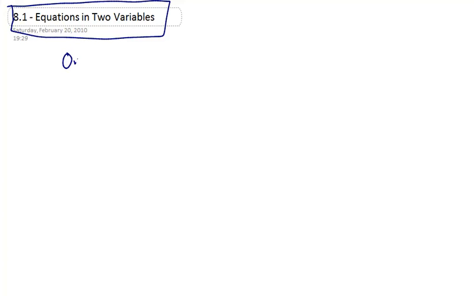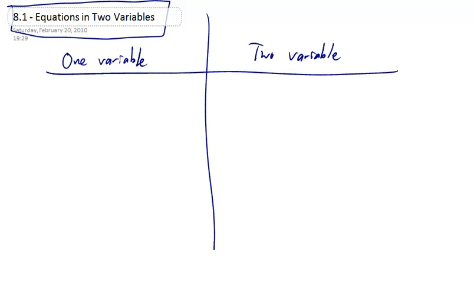So we're going to create two columns, one variable, if I can spell that right, and two variable. And at least on the left, let's put down some examples of one variable equations. We have ones that are not solved, and we have ones that are solved. But they're still equations with one variable, and the rest of those numbers are constants or unknown.